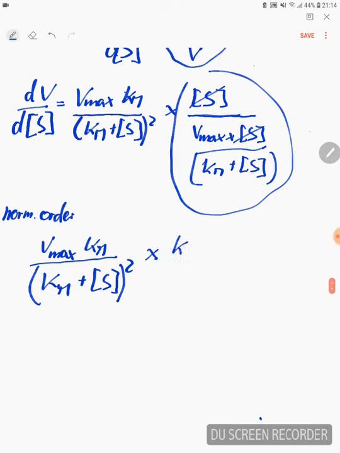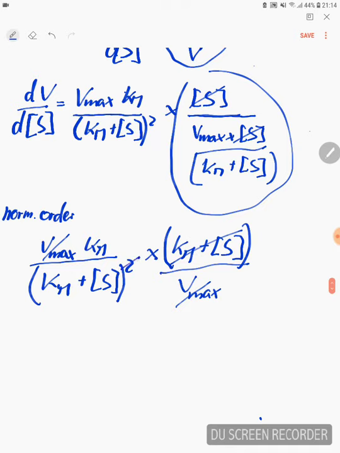So we get Km plus S divided by Vmax, and we can cancel this, and we can cancel this for one of the squares. And for the normalized order of this Michaelis-Menten equation, we now get Km.